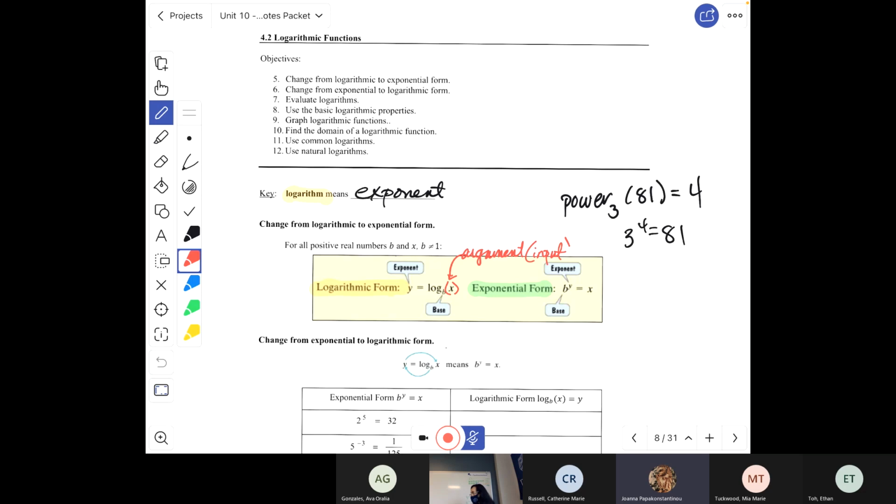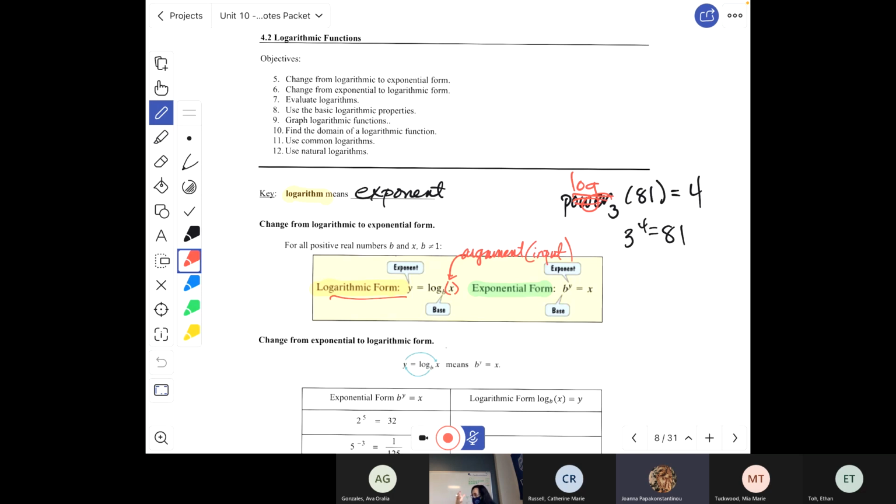Now, I can convert that. Instead of the word log, I can have the word power. So I could have log, which is an exponent, aka a power. So instead of power base 3 of 81, I could say log base 3 of 81. So that is this logarithmic form, log with a base, a little subscript, of an input.